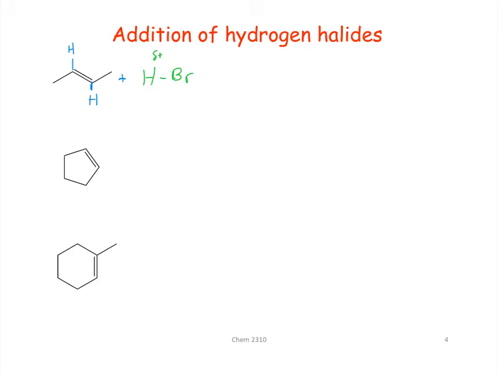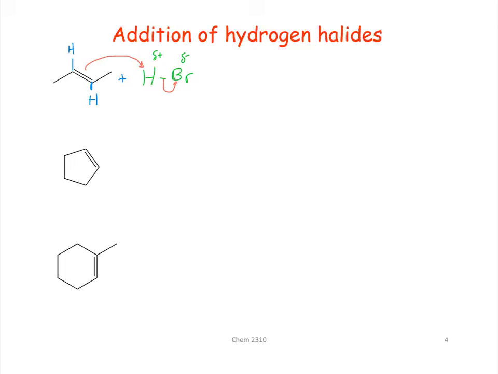This is plus, this is minus, because bromine is more electronegative than hydrogen. So the pi bond reacts with the H, and the electrons between the H and the bromine go onto the bromine.